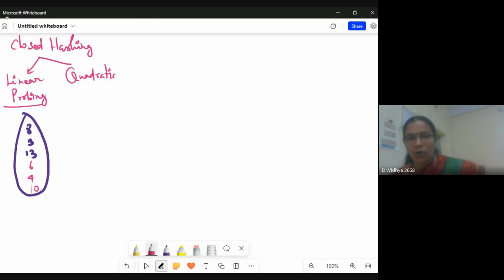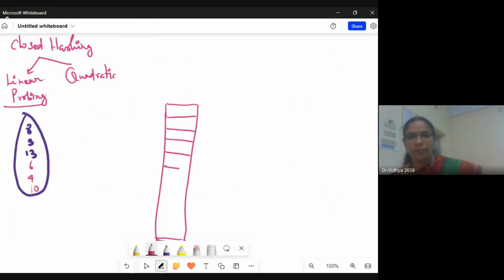Then I am drawing the hash table here with its size as 10: index 0, 1, 2, 3, 4, 5, 6, 7, 8 and index 9. So I am referring to the size of this hash table as 10.